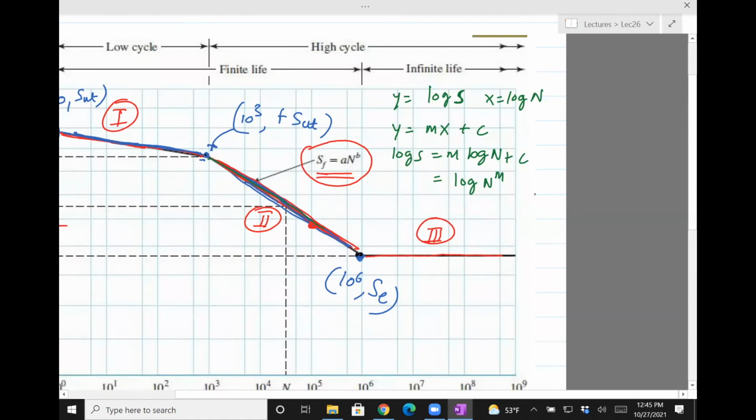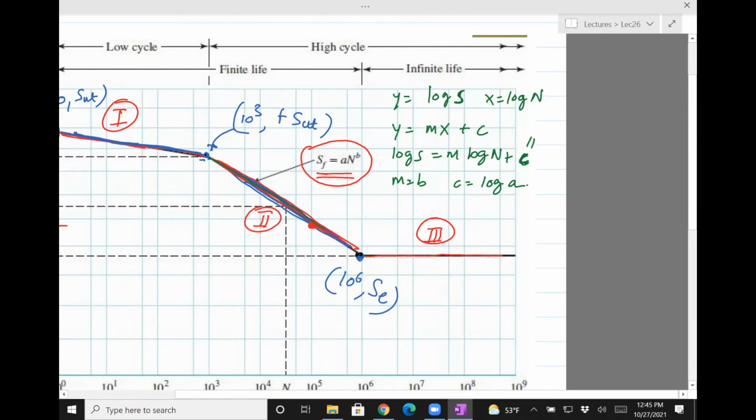And then you can find a logarithm, so a log of something gives c. So what we'll do here is, let's assume that m is b, okay, and b is just another constant just like m, and then we'll find the anti-log of c to relate c with this another constant a.